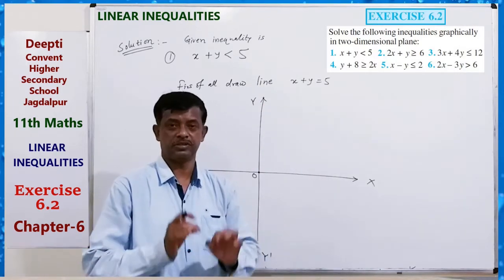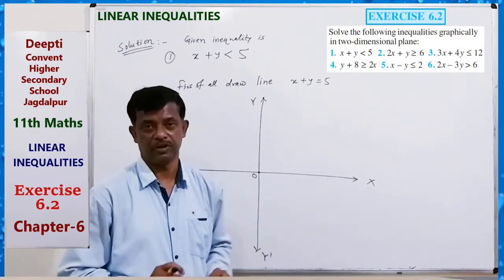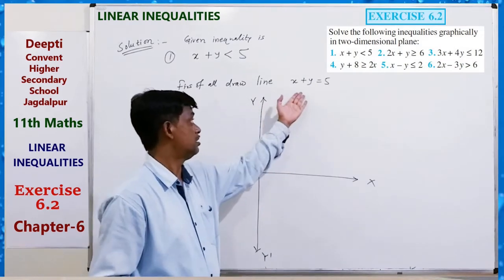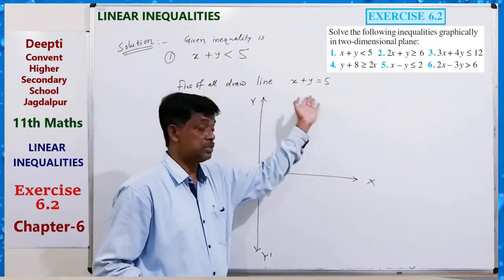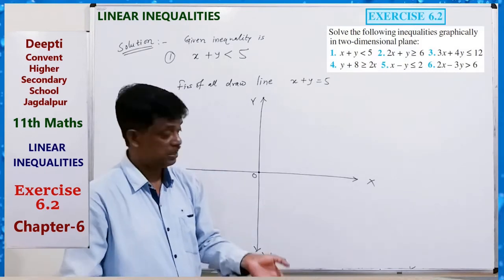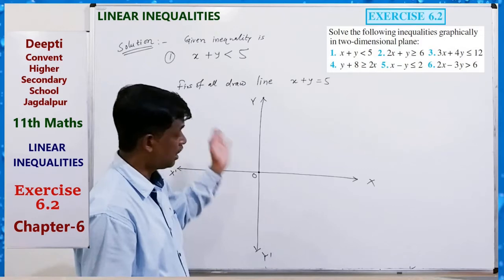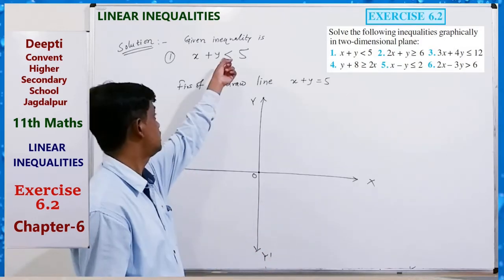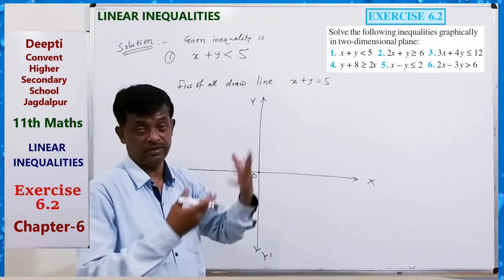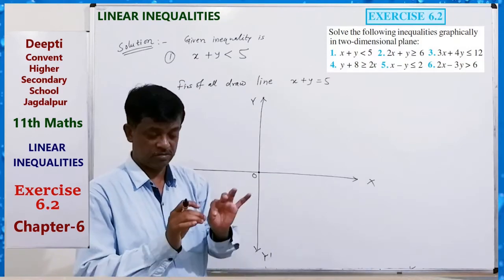Take two convenient points, because a linear equation in two variables always represents a line in a two-dimensional plane. So take a two-dimensional plane and draw the line first. If strict, then a dotted line. If less than or equal, or greater than or equal, then a bold line.